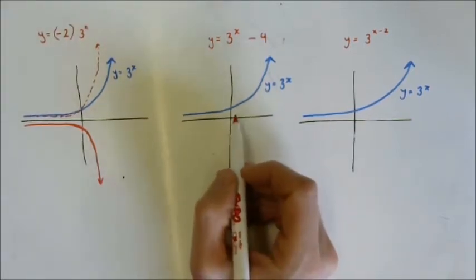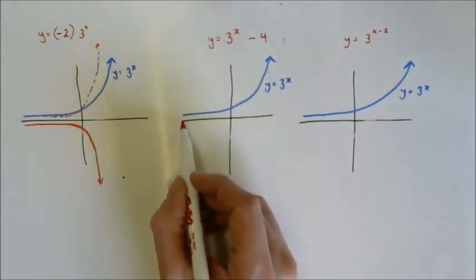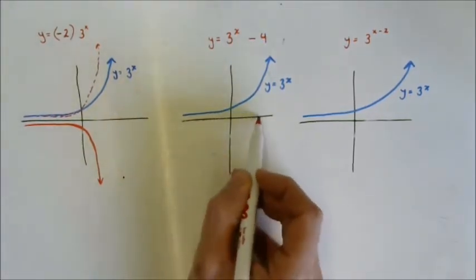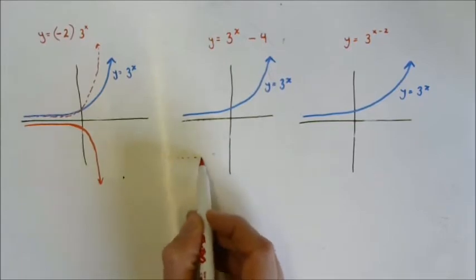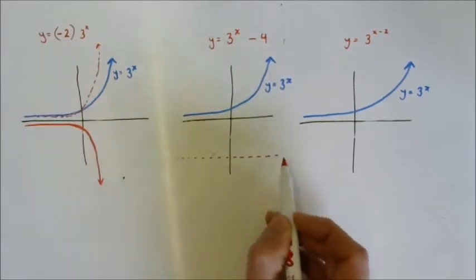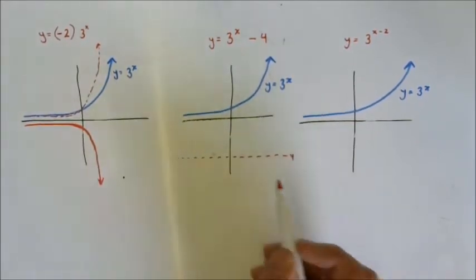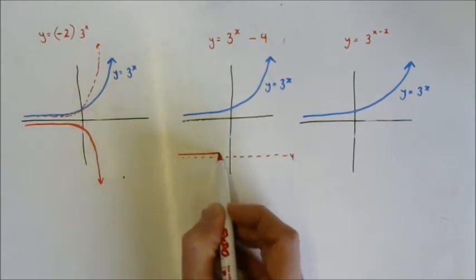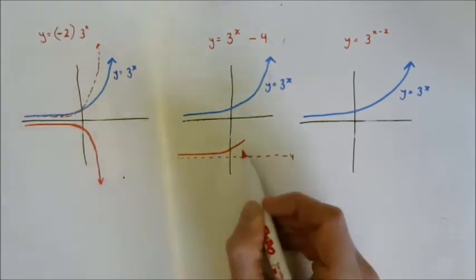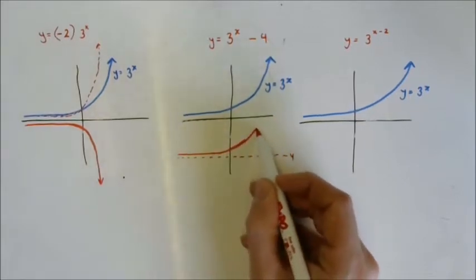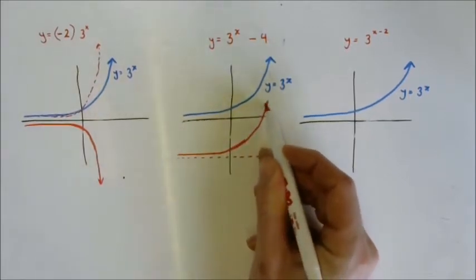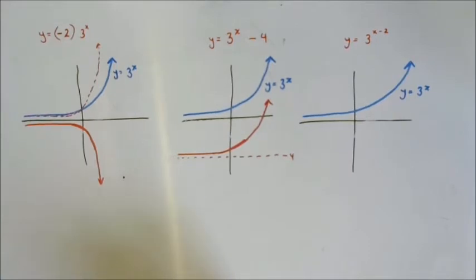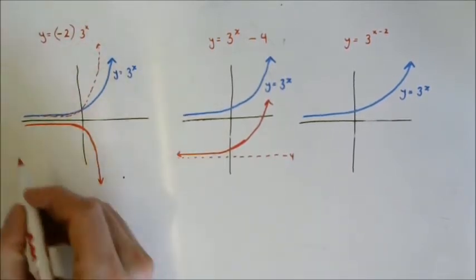So I can pick a few key points, or I can pick this asymptote and say, all right, now my asymptote is going to be down here at -4, and I'm going to do the exact same drawing, pretty much, something like that. And again, the arrows should really be going in both directions.